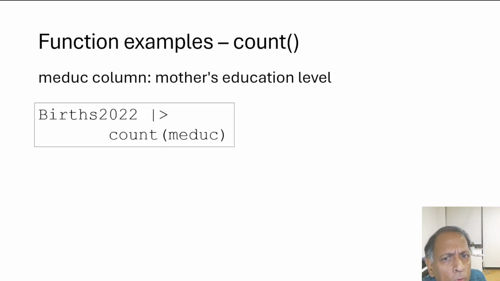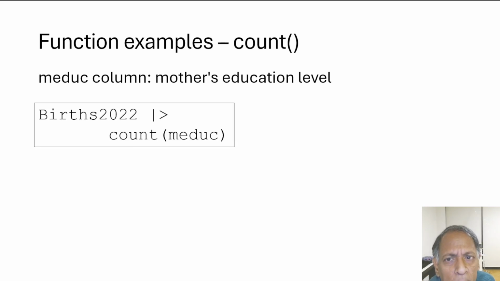Now suppose we want to find out, let's say there were, I'm just giving a number, 2000 rows in this data frame births 2022. Out of these 2000, what were the different education levels and how many people were there of every education level?